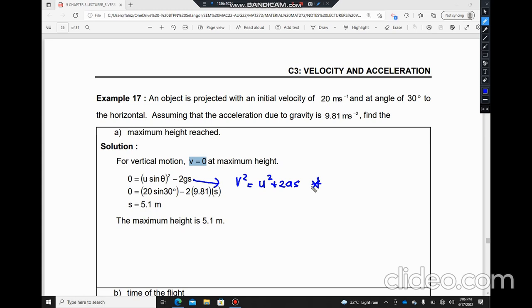Yang ni saya suka tulis yang basic. Okay, so v square equals u square plus 2as, or in this case v square equals u square minus 2gs, because the value of a we substitute with negative g.